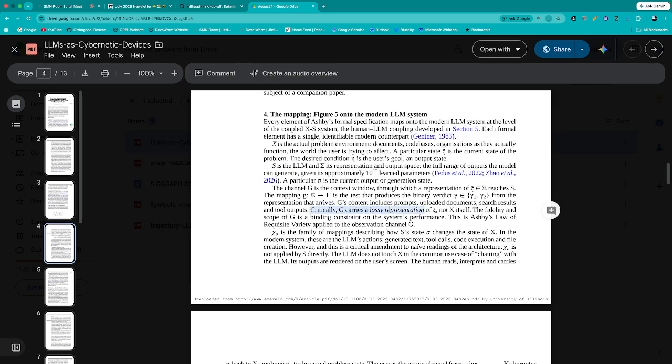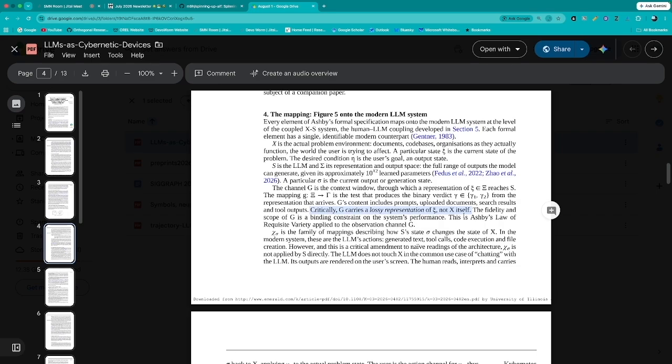Critically, G carries a lossy representation, not X itself. X is this actual problem environment, and you get a lossy representation of it, meaning that you lose information, but it's a good approximation of X. So what S has to operate on is this lossy representation of X.